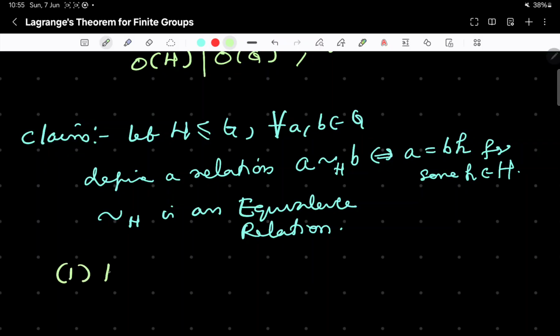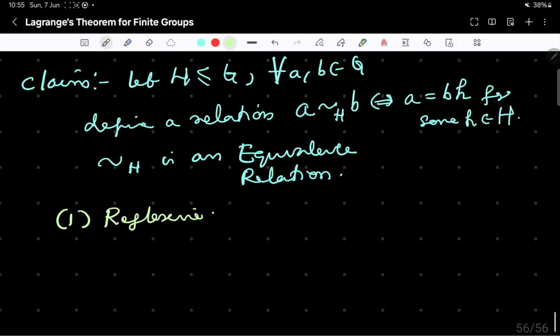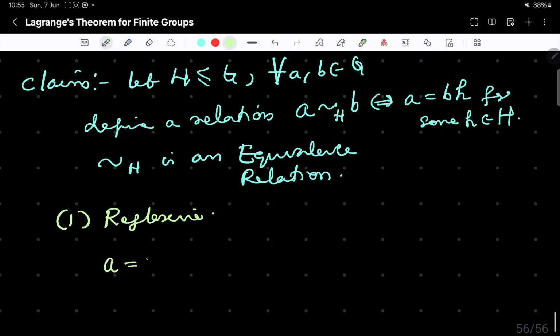So first, tilde is reflexive. Why is it reflexive? Because every a can be written as a times e, by the property of identity.